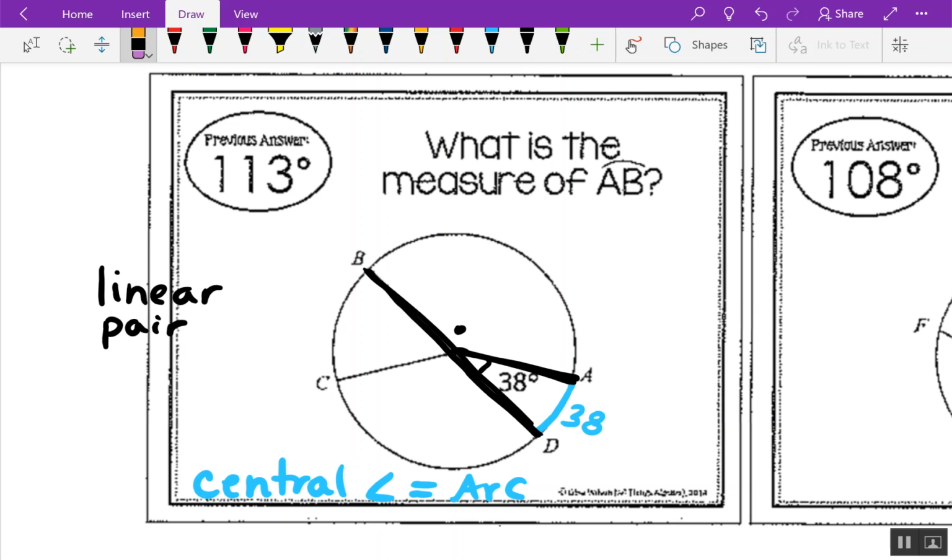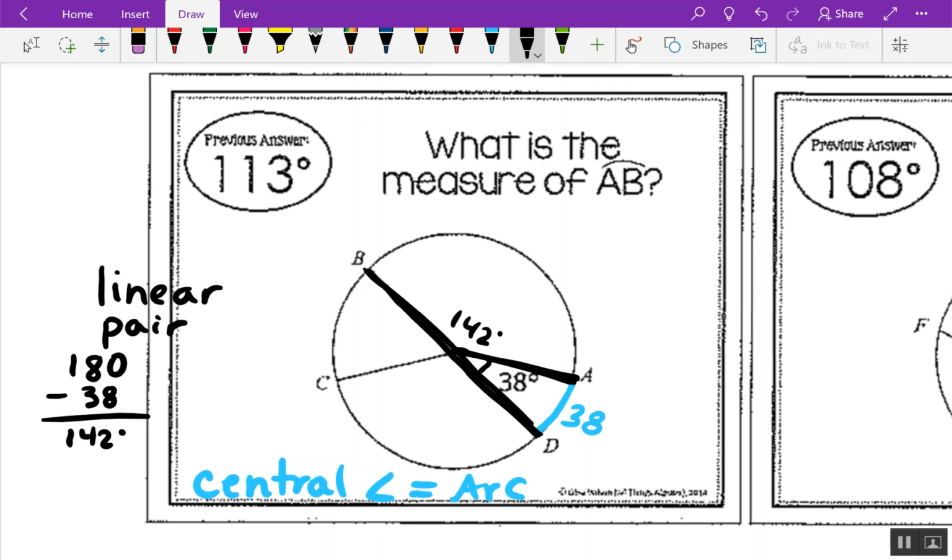The linear pair means that it's going to be 180. So 180 minus 38. I get 142. That means this angle is 142.